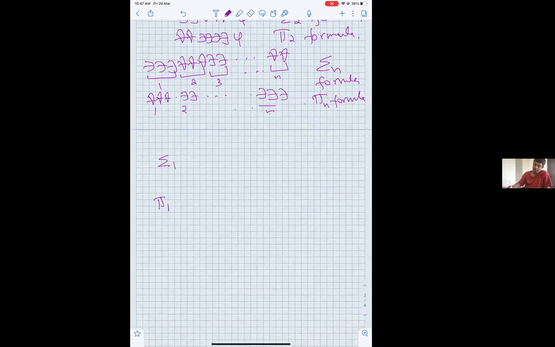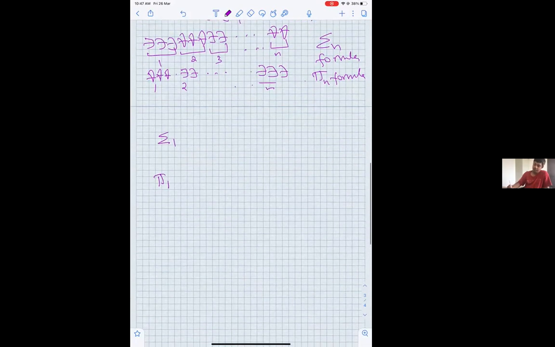The complement of a sigma 1 formula will be a pi 1 formula. Why? Because if I have negation of there exists x, there exists y, x less than y, what I can do is push the negation inside.